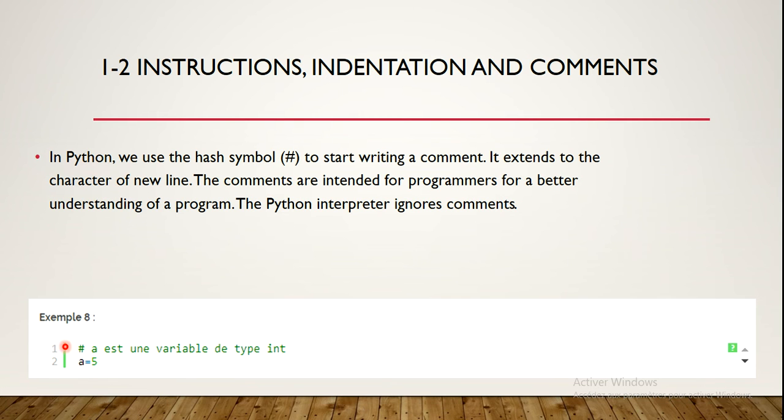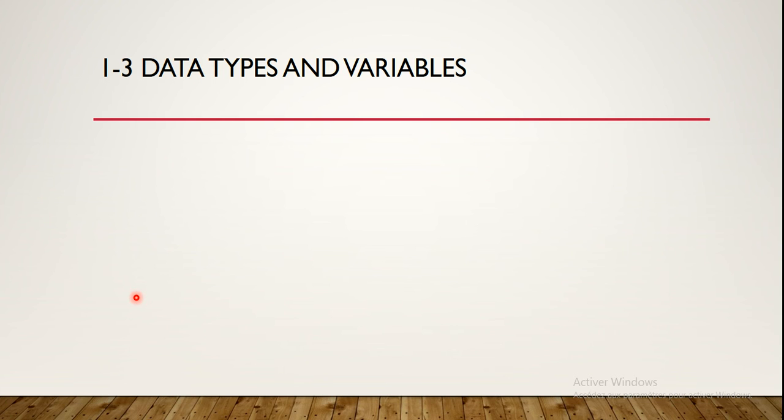As you can see here, we have the variable and our comment. Comments are used to make the reader understand what we are talking about in our code, or what we want to say in this code, or what the objective of this code is. We're going to pass to data types and variables.